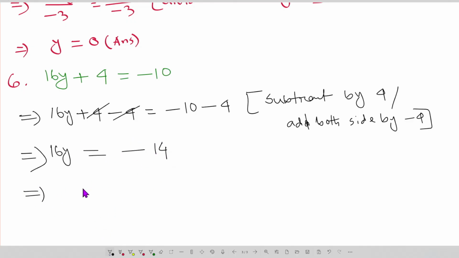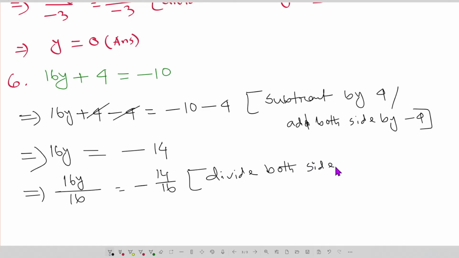So what can we do now? Now we will divide both sides by 16 because we have to find out the value of y. y is the variable. So 16y divided by 16 equals minus 14 by 16. We can write divide both sides by 16.